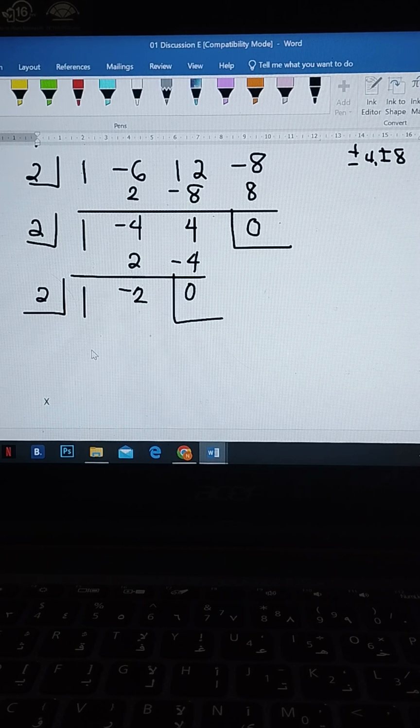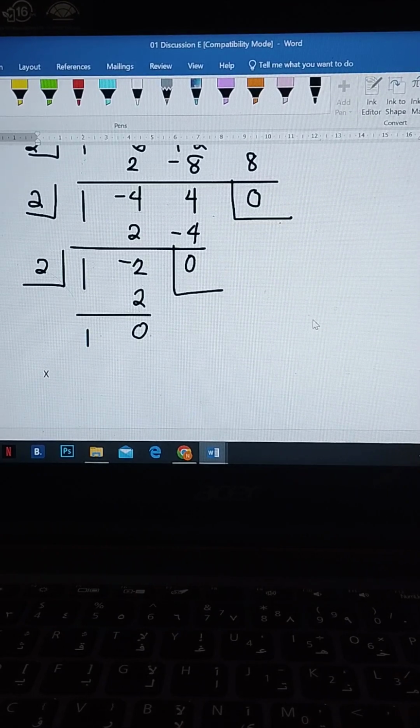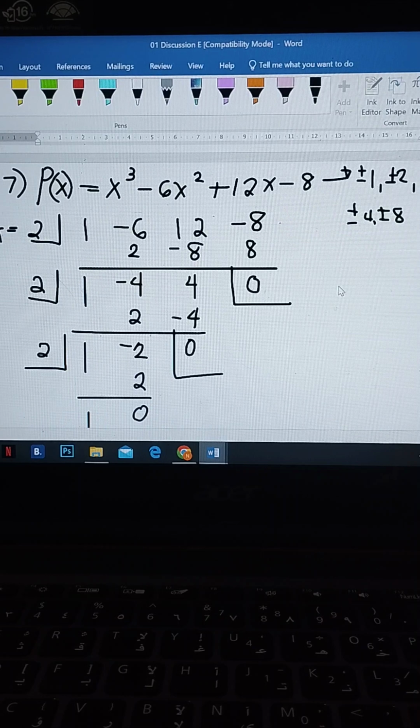Therefore bring down 1. 1 times 2 is 2, 0. Therefore the factors of the polynomial are simply equal to x plus 2 times x plus 2. No, it's not x plus 2, it's x minus 2, because this one is x is equal to 2. So if we transpose the 2 to the other side, it becomes x minus 2.